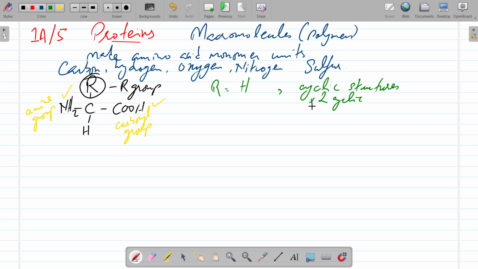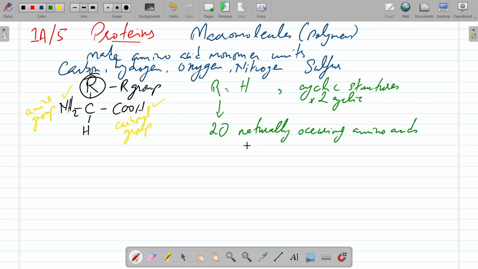And so the difference in the R groups is what makes different amino acids, and there are 20 naturally occurring amino acids, depending on the R group. So 20 different R groups, 20 naturally occurring.